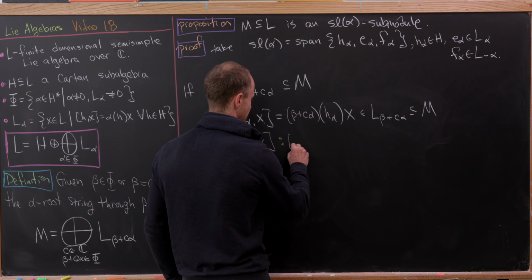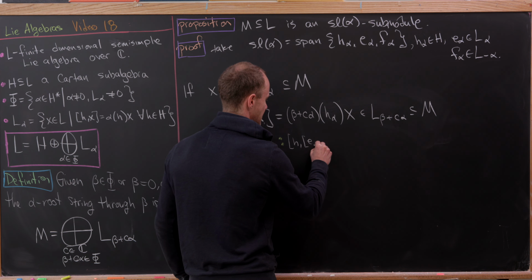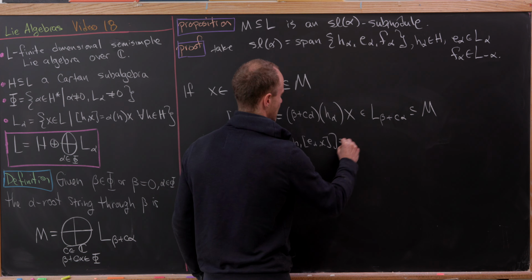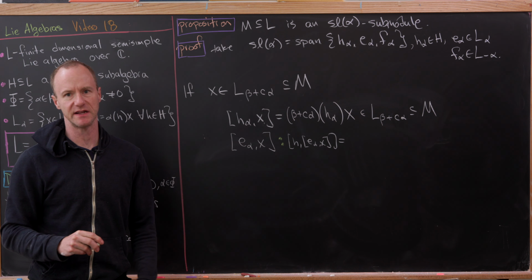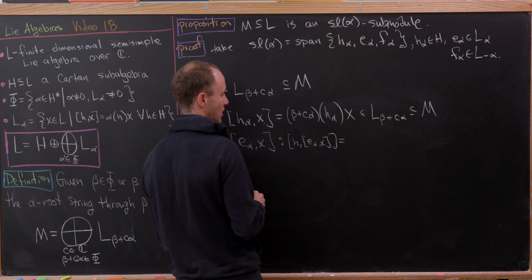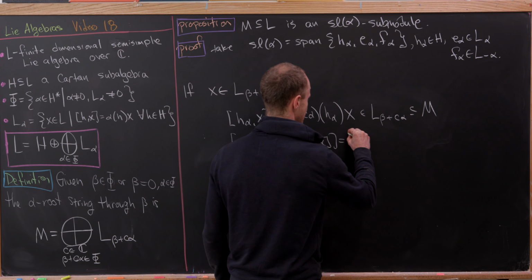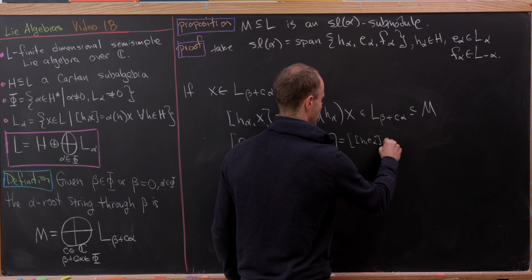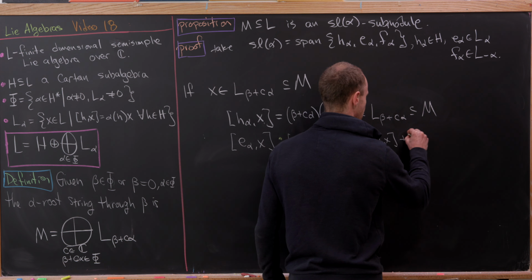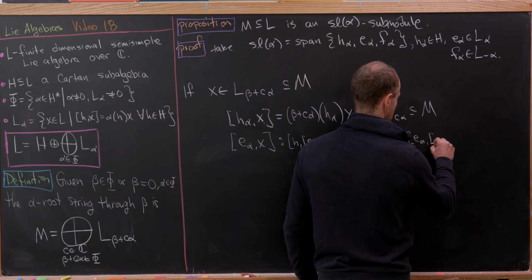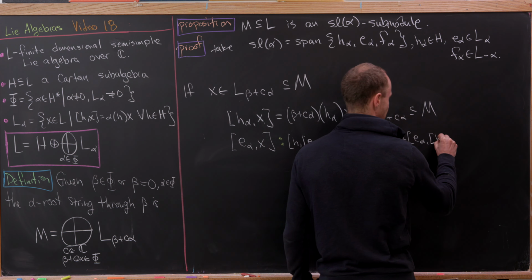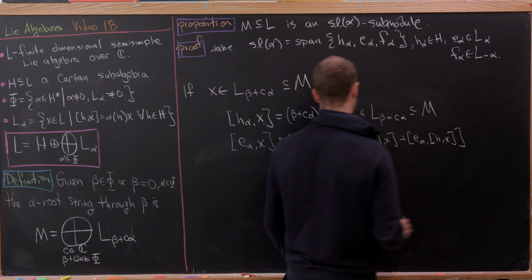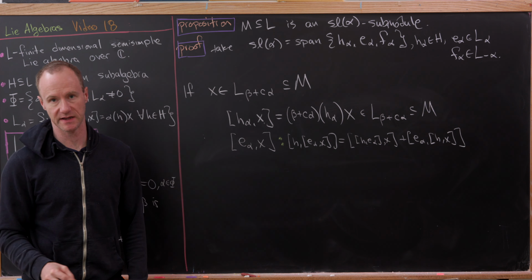In other words, we're going to do the bracket of H with the bracket of E alpha and X. But we're going to start by using the Jacobi identity to decompose this into two parts. Let's observe that we can decompose this into the bracket of the bracket of H with E alpha, and then X, plus E alpha bracketed with the bracket of H with X. So again, that's by the Jacobi identity.